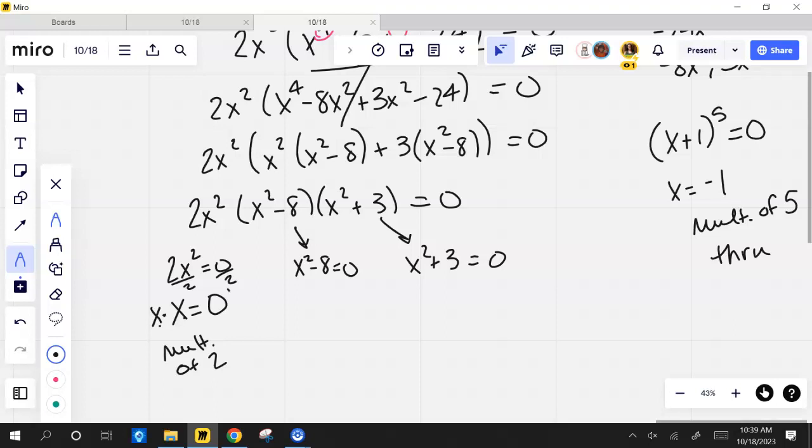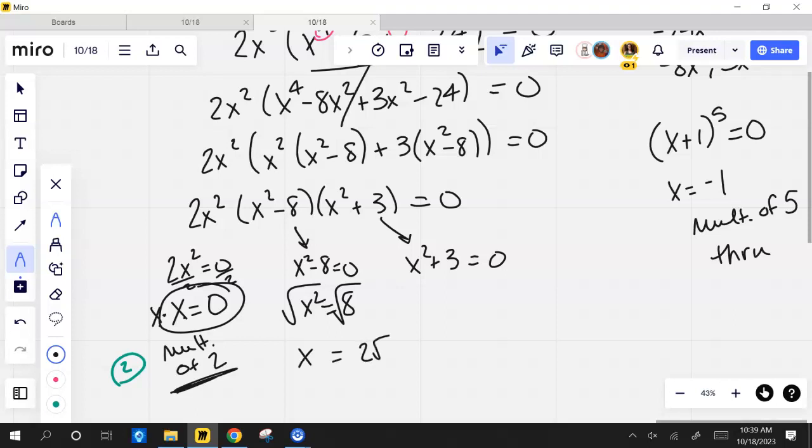So 0 gives me 2, because it's multiplicity of 2. So that counts for 2 solutions. Here, when I solve, I get x squared equals 8. When I take the square root, I can break this up, 4 and 2. So I get 2 root 2, but because it's a radical, I have to put a plus or minus in front. That's 2 more.